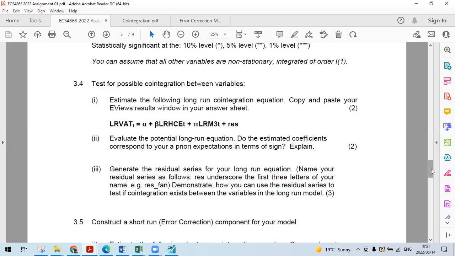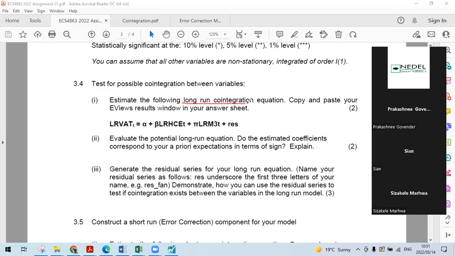Estimate the following long-run co-integration equation. Look here, they're saying estimate the following long-run co-integration equation. So when we're talking of the long-run period in econometrics, it actually implies that variables have converged upon some long-term values and they are no longer changing.